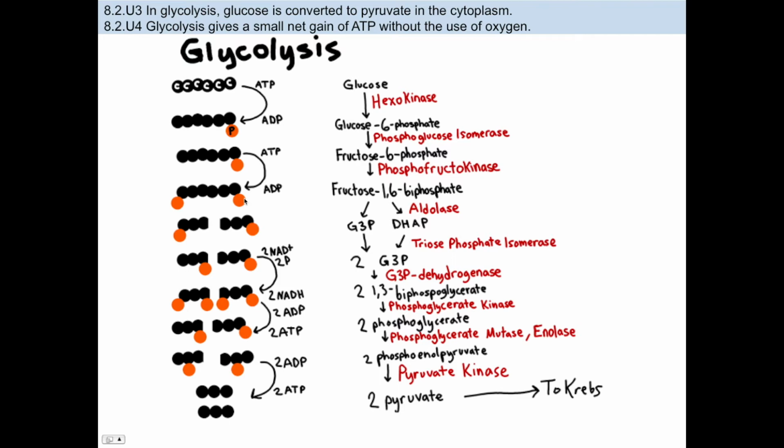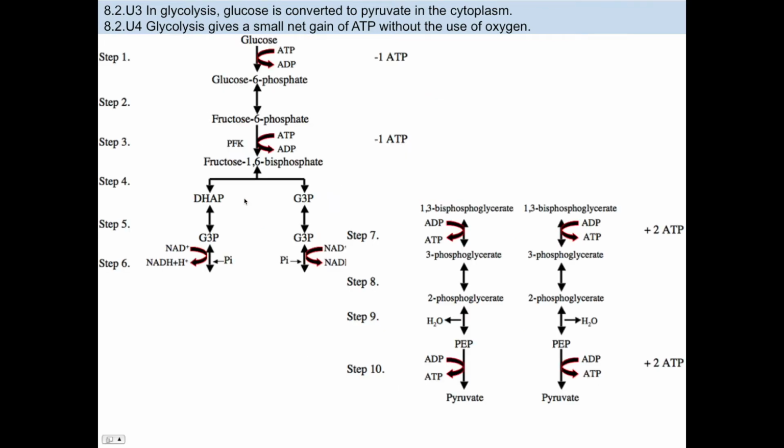Next step is, what's happening to NAD here? NAD plus. It's reduced. Very good. What happens to G3P? G3P is oxidized. Where did the H and the electrons come from? G3P.